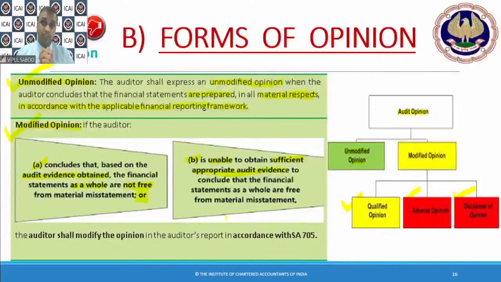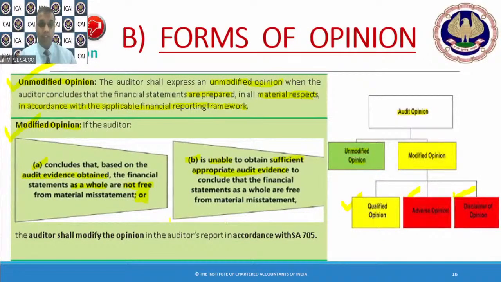Or the second case, whether there are material misstatements or not, he is unable to obtain sufficient appropriate audit evidence with respect to this. Either there are evidences which are not in the required quantity, or which are appropriate but not sufficient, or there is no sufficient appropriate audit evidence based upon which the auditor can reasonably conclude anything.